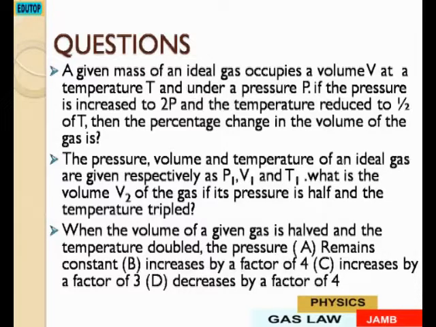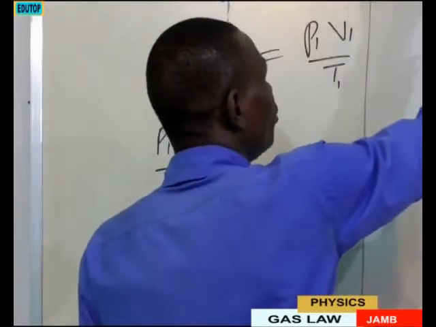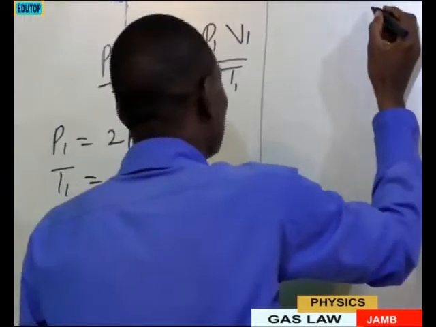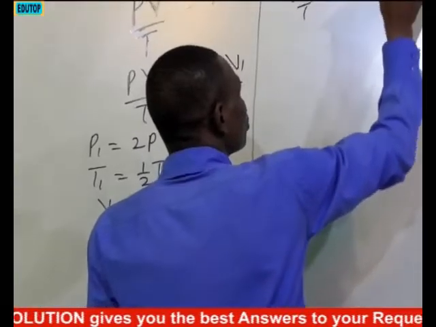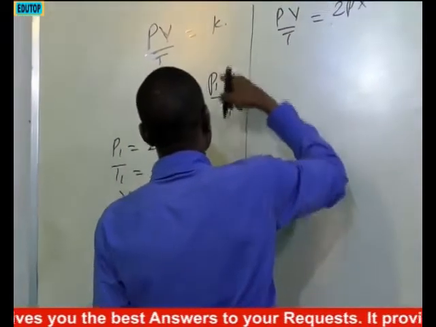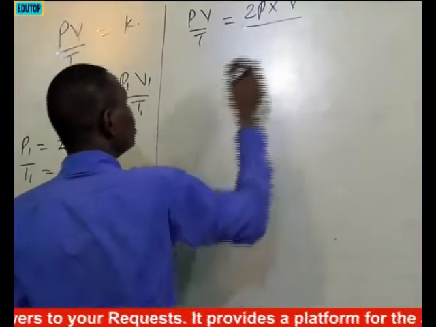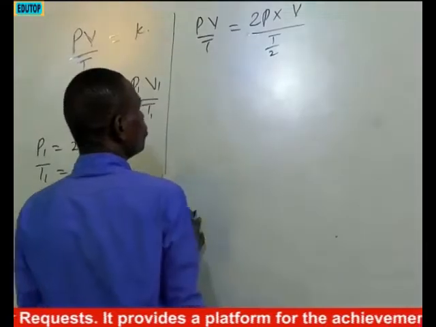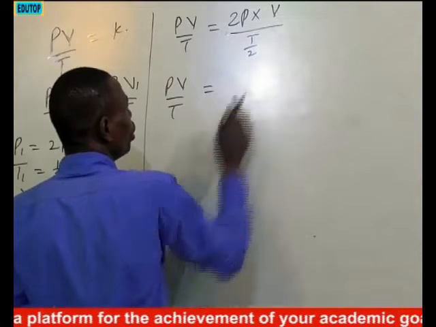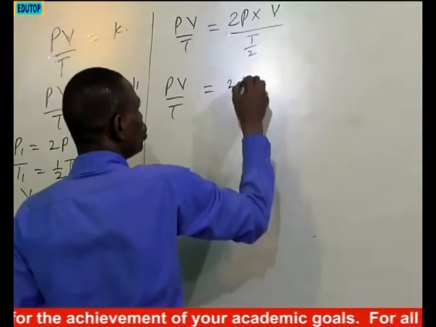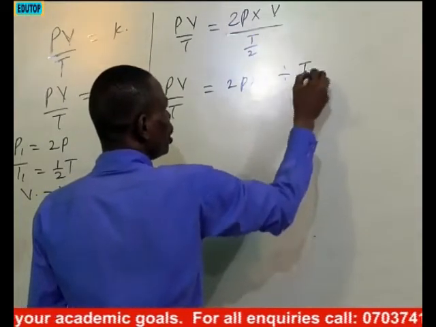Okay? Let's now see a normal approach to this question. PV over T will be equal to, for P1 is 2P, then for V is still your normal V, then for T is T over 2. Let's say PV over T will be equal to the whole of this. If you try to analyze this, 2P times V divided by T over 2.